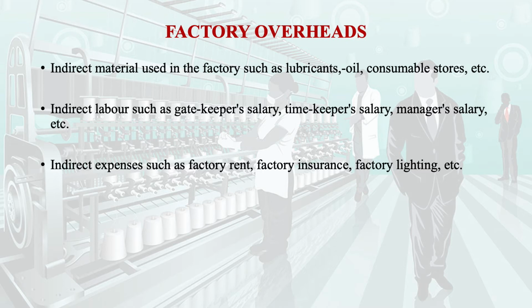Indirect labor, like gatekeeper salary, timekeeper salary or manager salary, will come as indirect labor under factory overhead. Indirect expenses, like rent, insurance, and lighting, all come under indirect expenses under factory overhead.